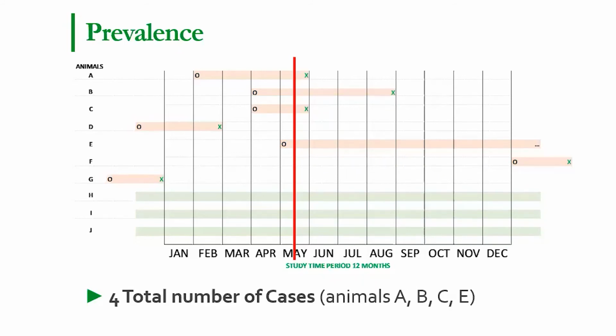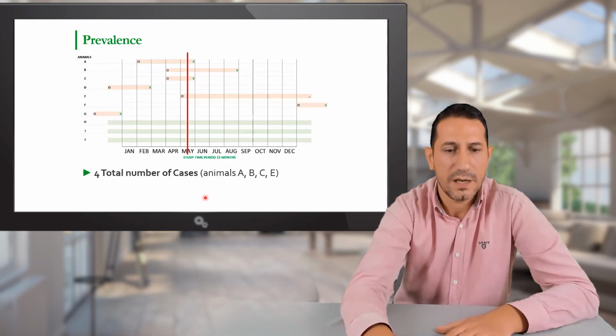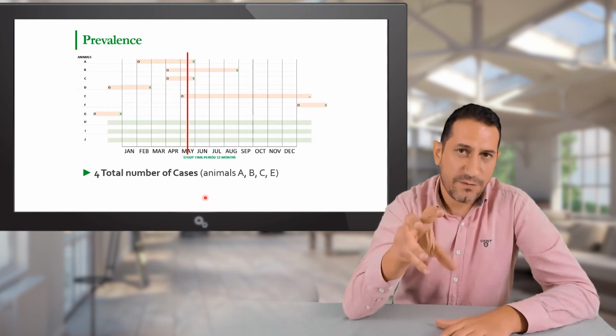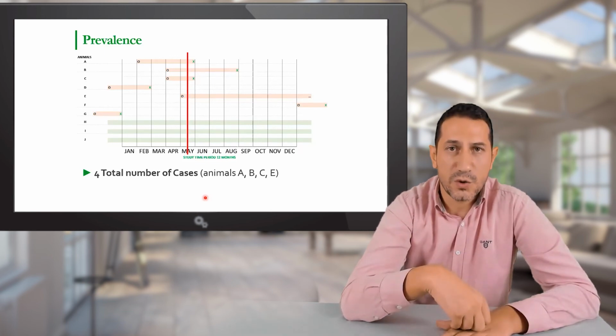Even though for the May, a new case is only animal E, and A, B, C are pre-existing cases for the time period we are counting. And this 4 forms again our numerator.